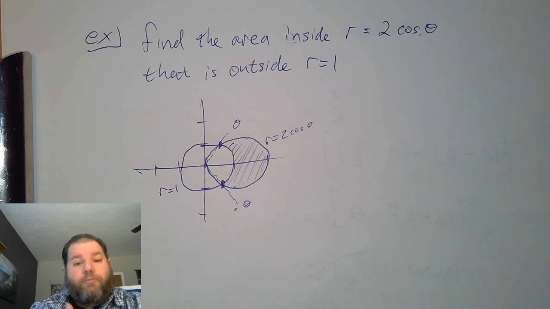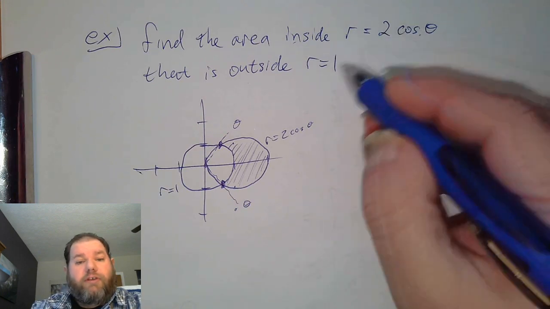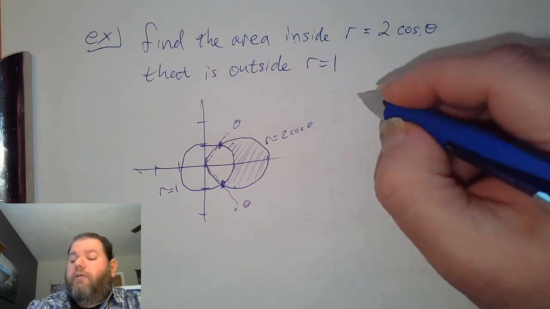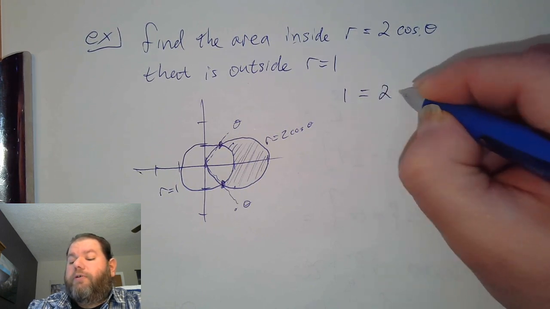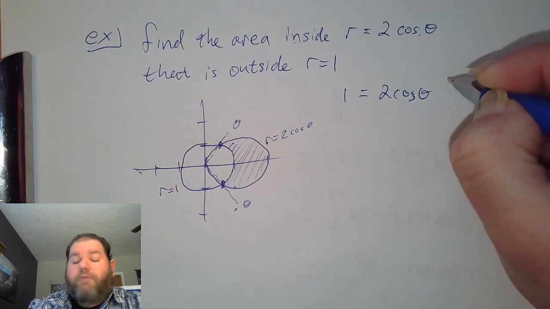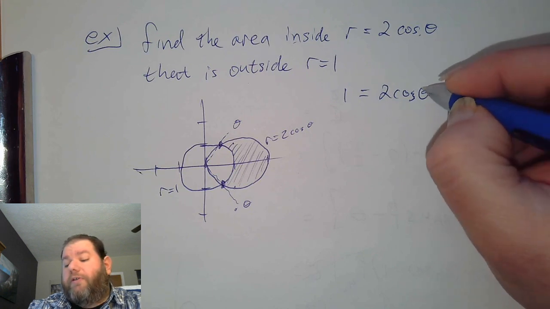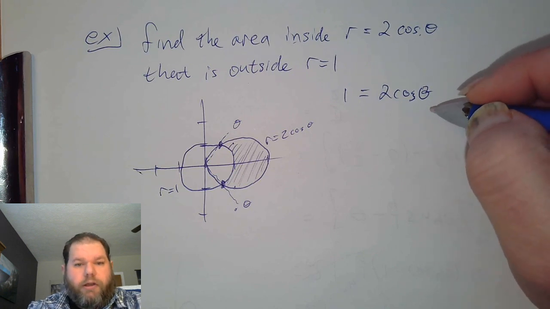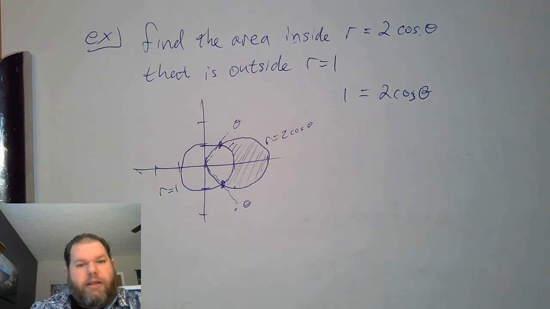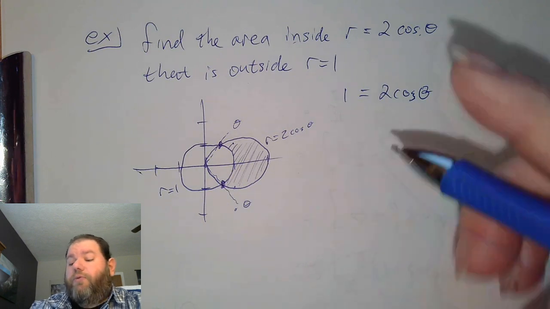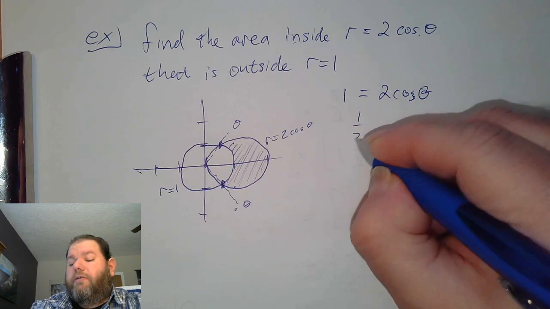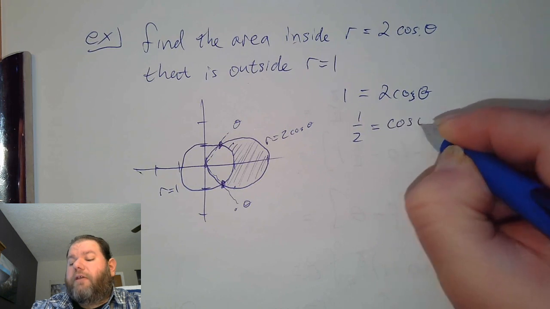Now, the way that we find the points of intersection is we set the two functions equal to each other. So we would just say 1 equals 2 cosine theta. It's really the same strategy that we employed with rectangular coordinates. It's just happening in the polar plane instead. So 1 equals 2 cosine theta, so 1/2 equals cosine theta.